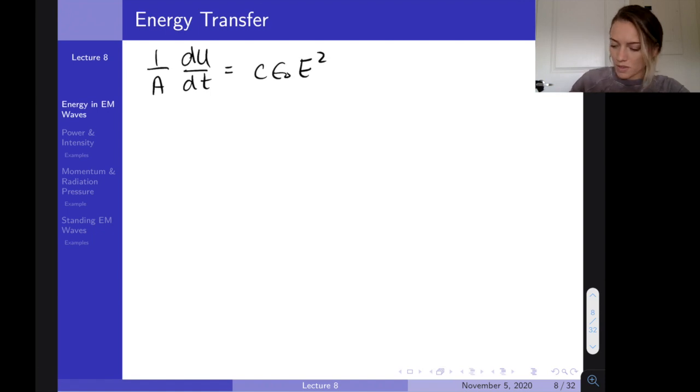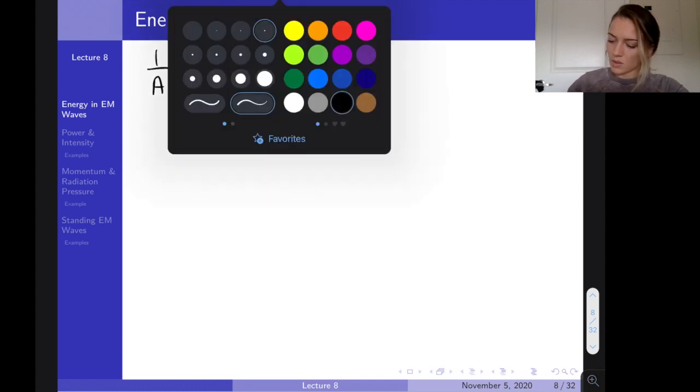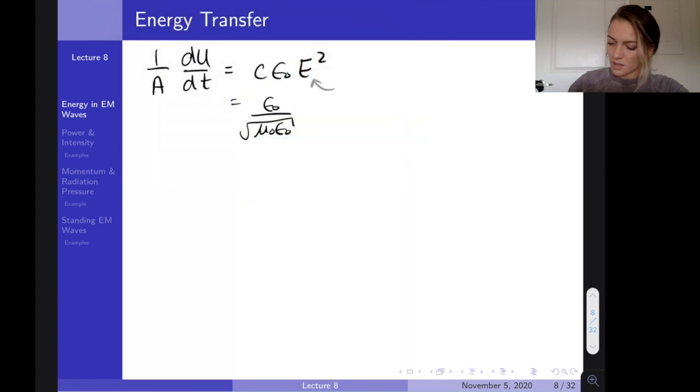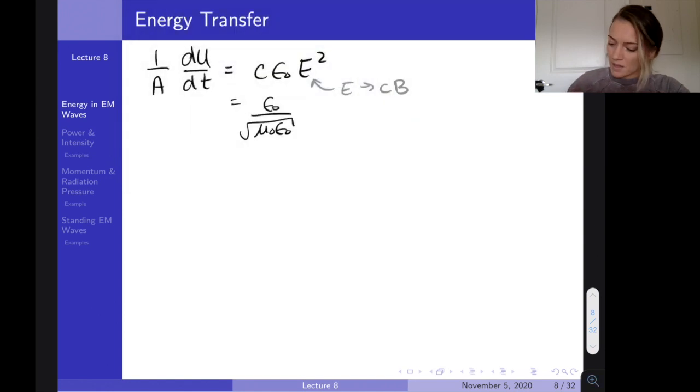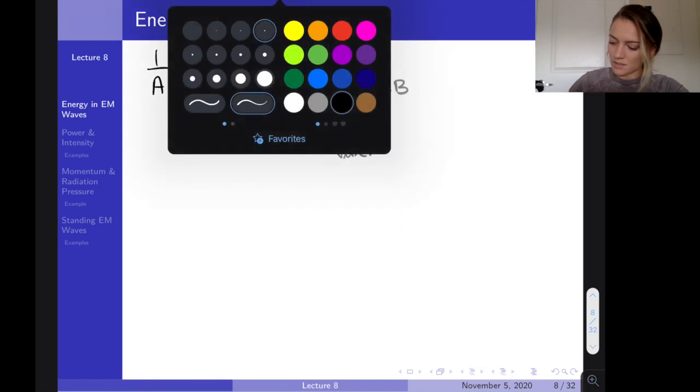First I'm going to rewrite my c as the square root of epsilon naught times mu naught, and then I'm going to replace one of the E's with c times B. So not both of them, just one of them. So I'm going to have c times B times E still.